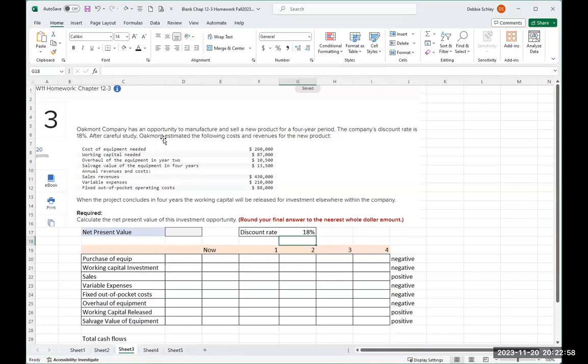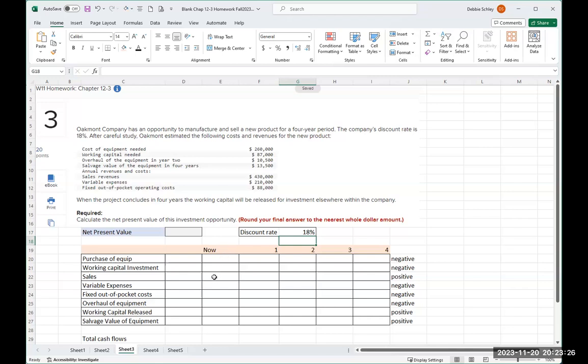After careful study, Oakmont estimated the following costs and revenues for the new product. There's my cost of equipment needed, working capital needed, overhaul the equipment in year 2, salvage value of the equipment in 4 years, and then revenues are sales revenues, variable expenses, and fixed out-of-pocket operating costs.